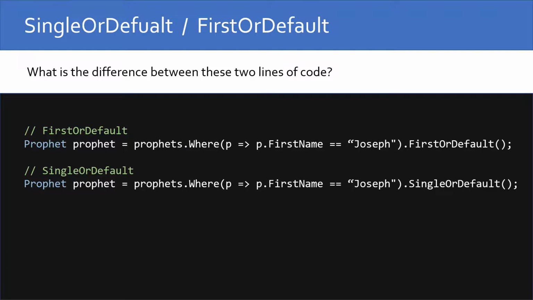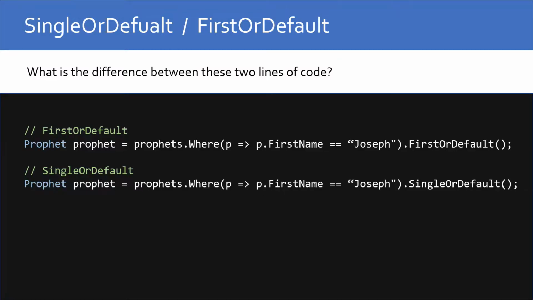One of them's first or default on the end, and one of them's single or default. The single's only expected to get one result back. Yes, that's correct. Okay, he said that the single is only expected to get one result back. So that changes how these two work and how they perform.